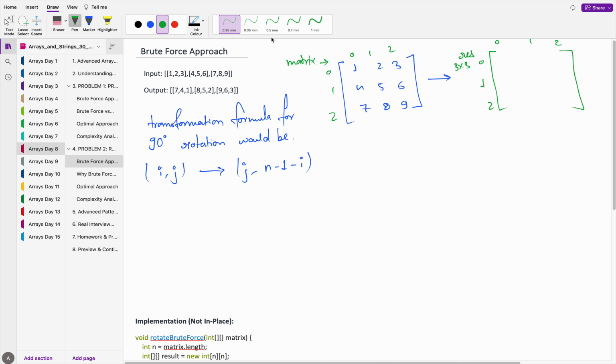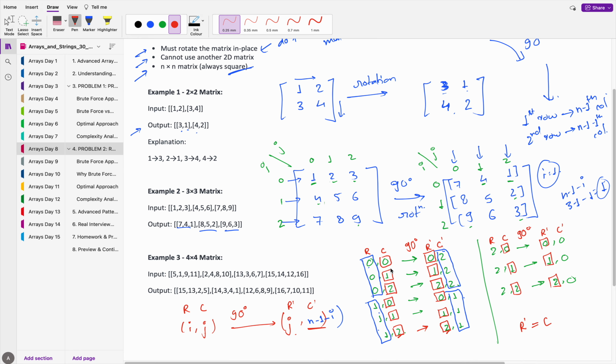What we can fill here is, for ij put j comma n minus 1 minus I. Okay, so as we saw on the previous page, क्या था, 0 0 to 0 2 पे जाया था है ना. So all the entries from here will become like, let me copy this and paste there.